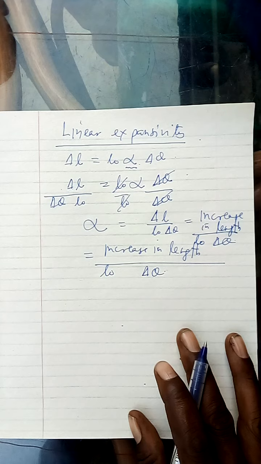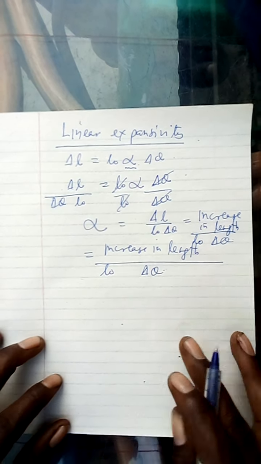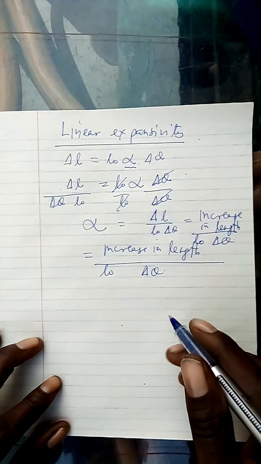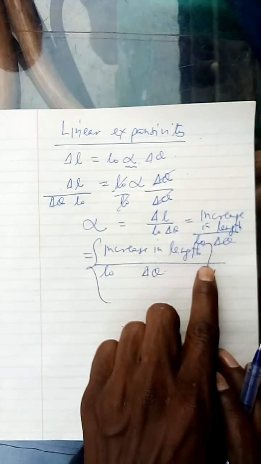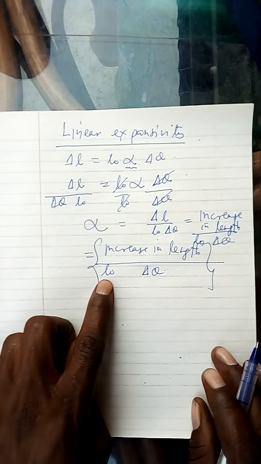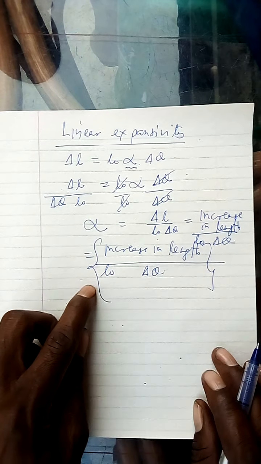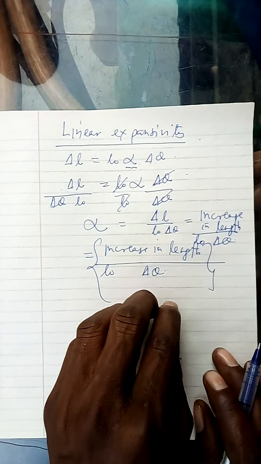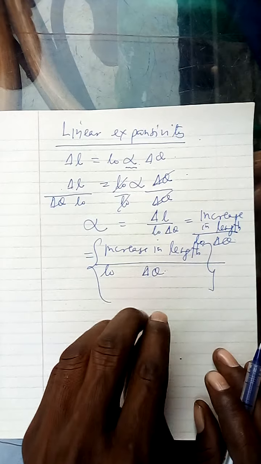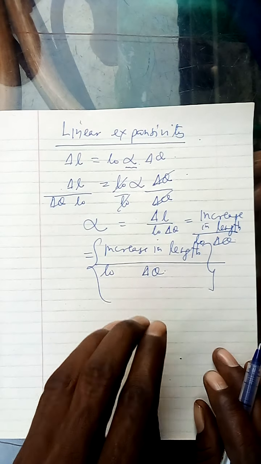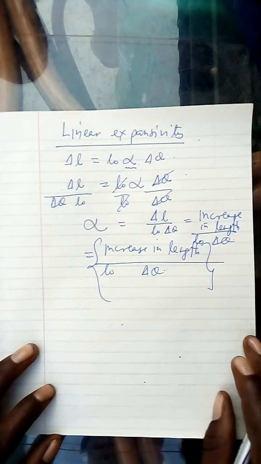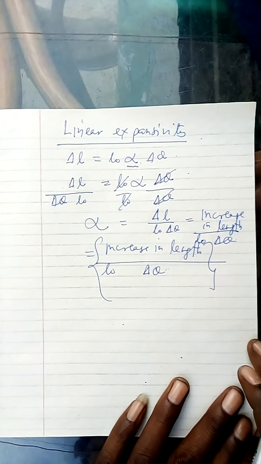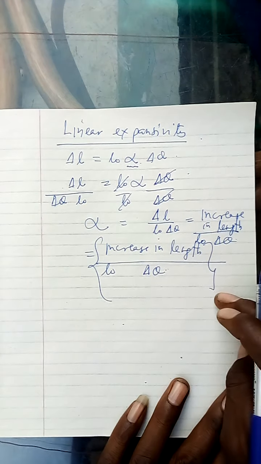That is the mathematical definition: the increase in length per unit length for a rise in temperature of 1 degree Celsius or 1 Kelvin.